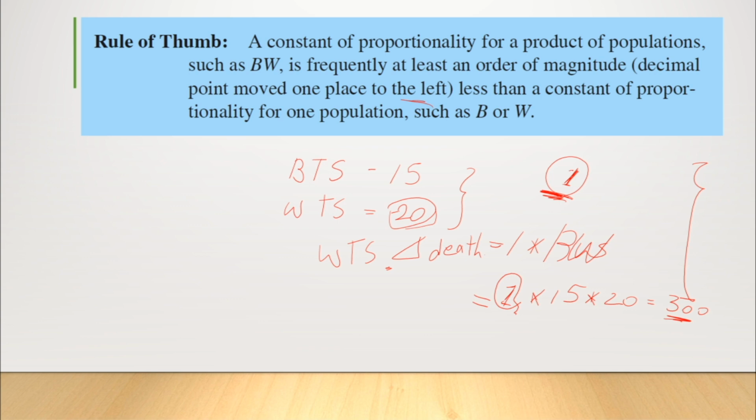So obviously, if you have this kind of population, 15 of these and 20 of these, and you put that in the death equation with a constant value greater than 1, it doesn't make any sense because it will come up to 300 or more. The deaths would make the WTS extinct in the next timestamp, so it doesn't make sense. So you have to be careful when you're applying the constant values. So that's what it means.